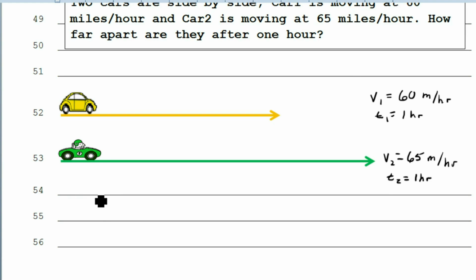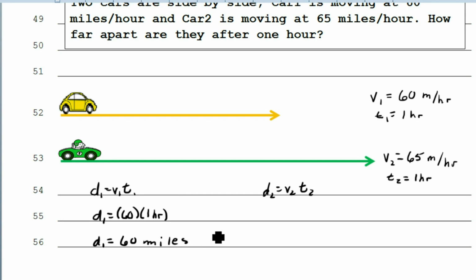So we have our basic equation. D1 equals V1 T1, and for car 2, D2 equals V2 T2. And we're looking for distance. We don't have to manipulate this at all, so D1, first car goes 60 times 1 hour. D1 equals 60 miles. And D2 equals 65 times 1.